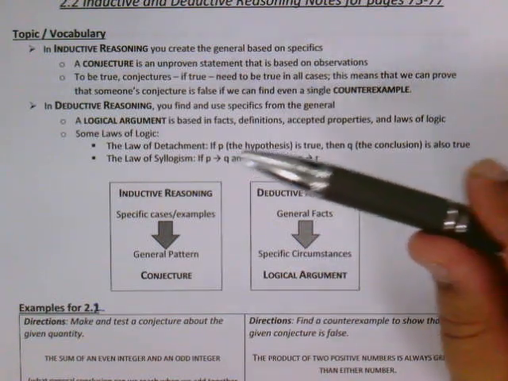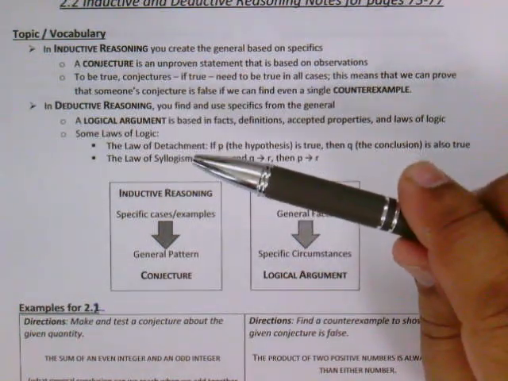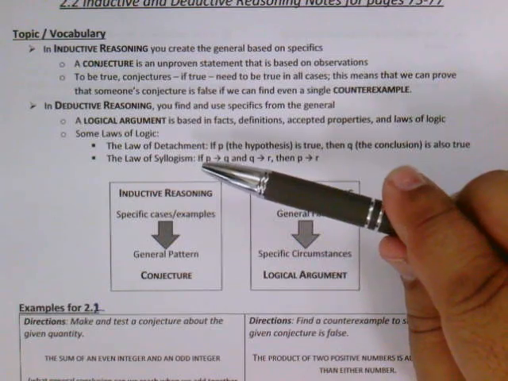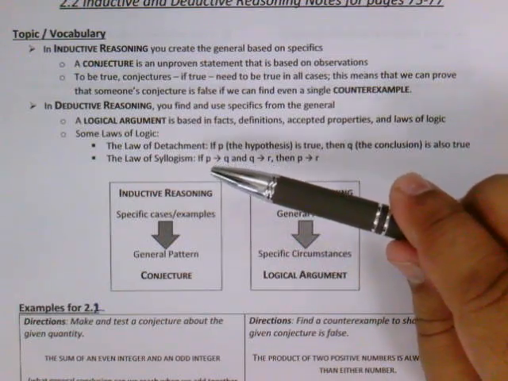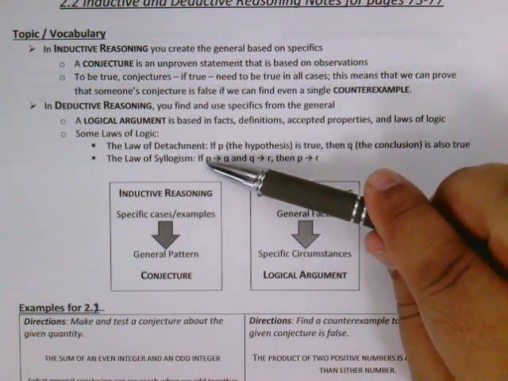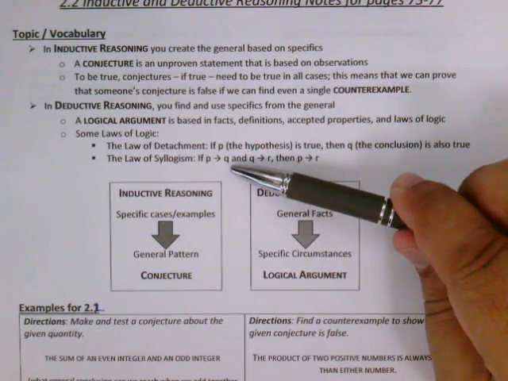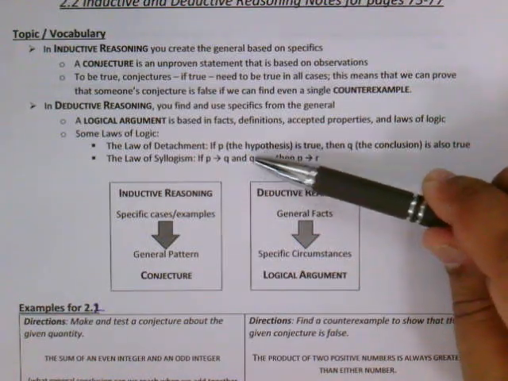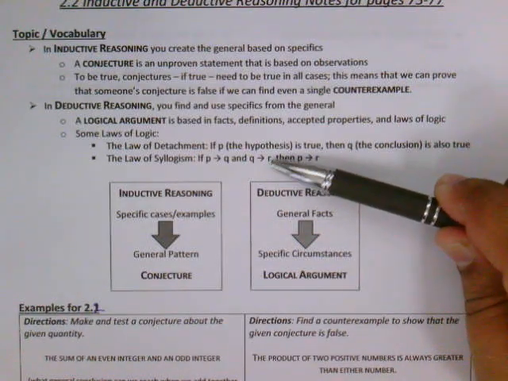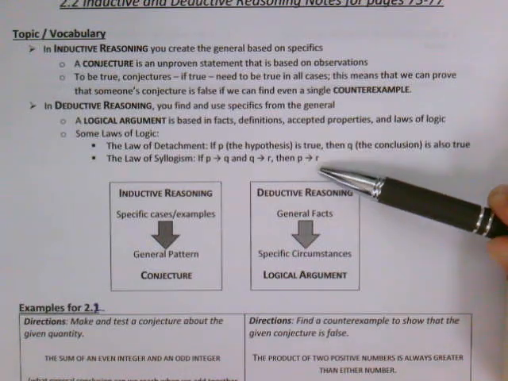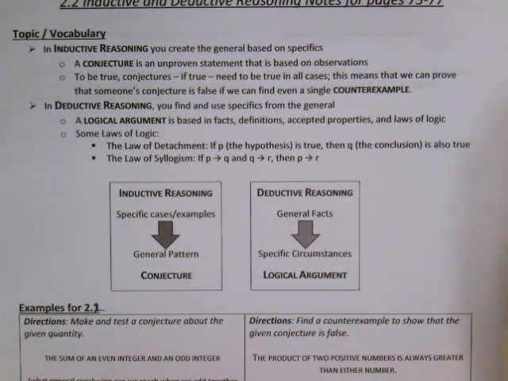The other law referred to in logical arguments is referred to as the law of syllogism. This is more like the transitive property, right? If P is true and it becomes Q, and Q is true and it becomes R, then clearly P becomes R. And again, I go back to some detective work or to CSI or to those of you who read or at least know the stories of Sherlock Holmes.